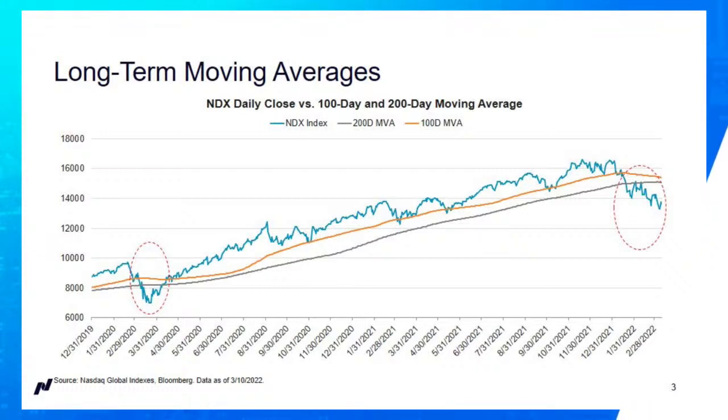Right now, though, because we're so far below it, it's probably going to serve as that overhead resistance. Even if we bottom in the short term and start to get some stability, there might be quite a bit of sideways market activity to work through before we start to exceed those longer term thresholds of technical strength. So we'll be keeping an eye out for it for sure.